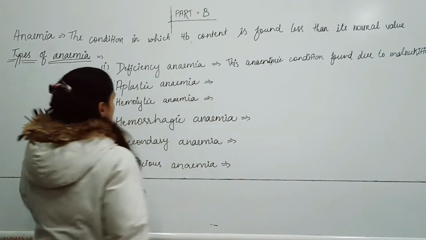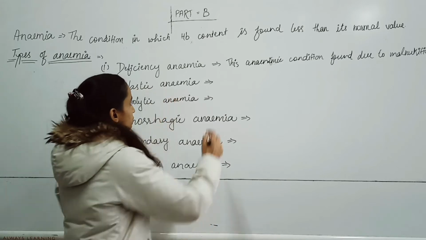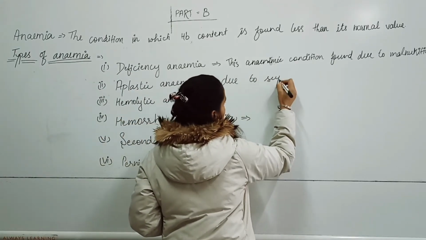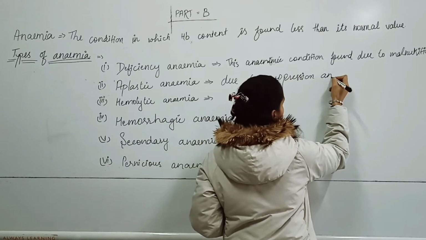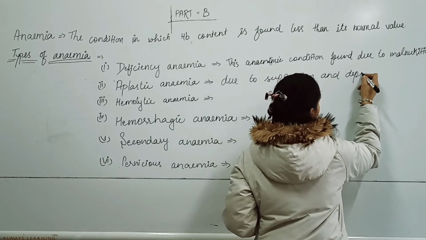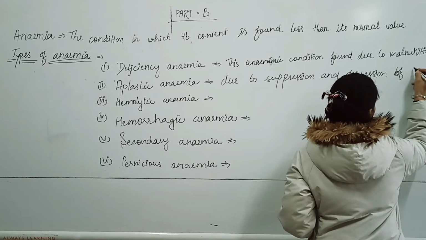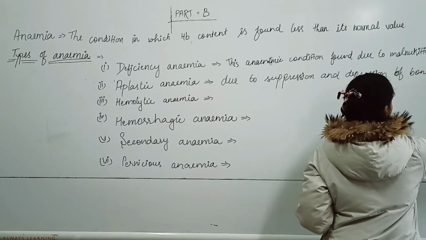And second is the aplastic anemia. Aplastic anemia happens due to the suppression and depression of bone marrow, because bone marrow helps in the production of RBCs.